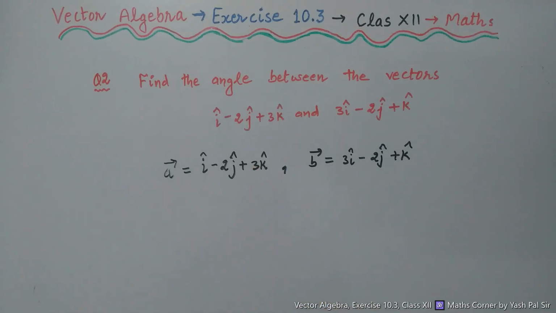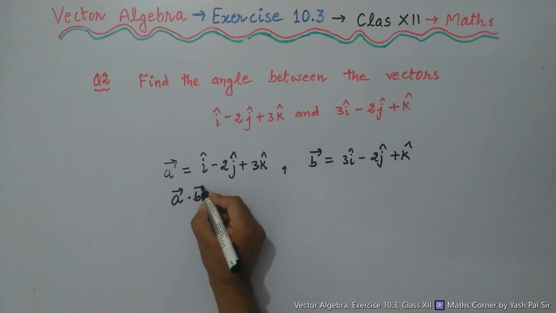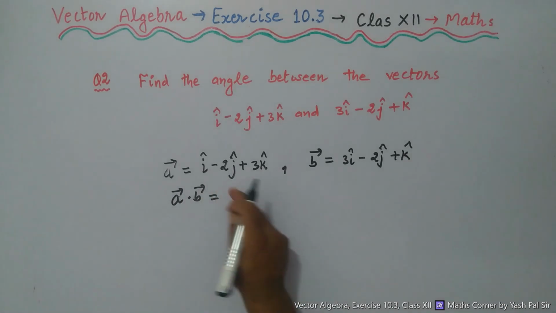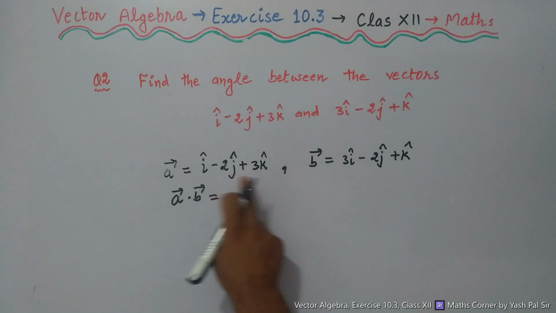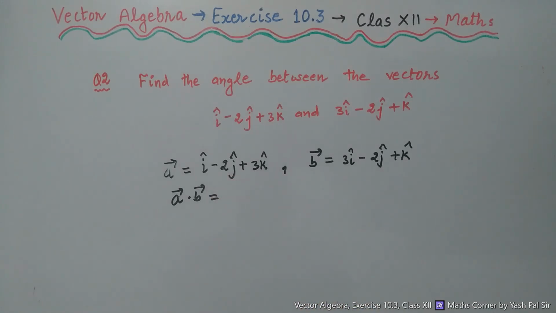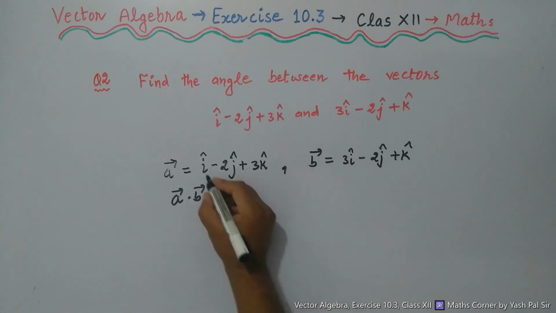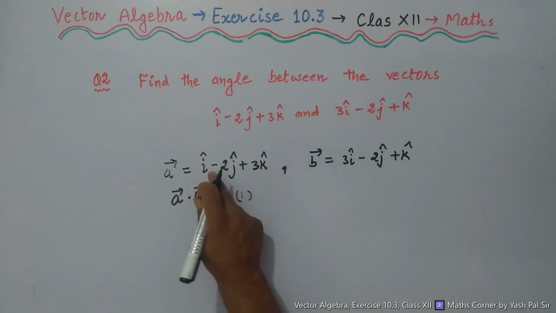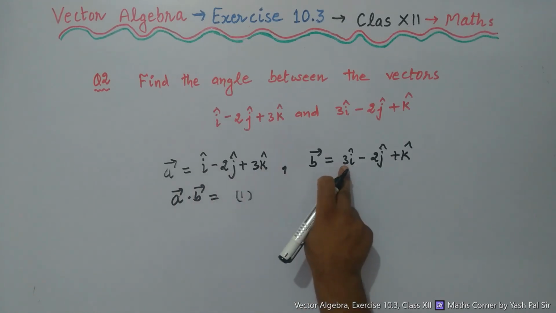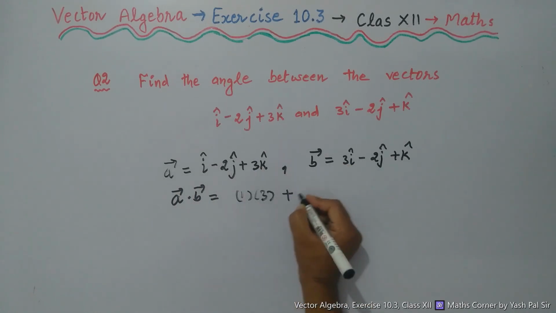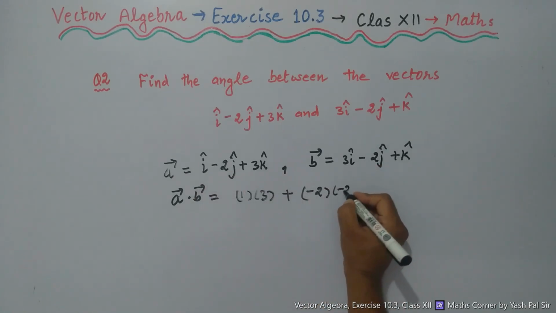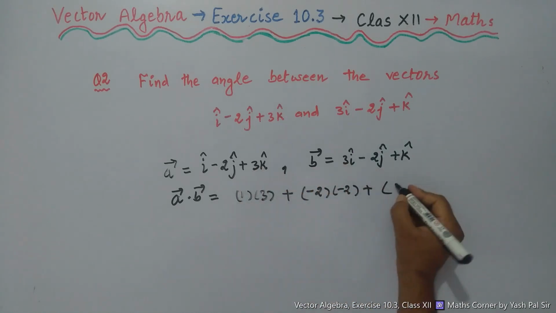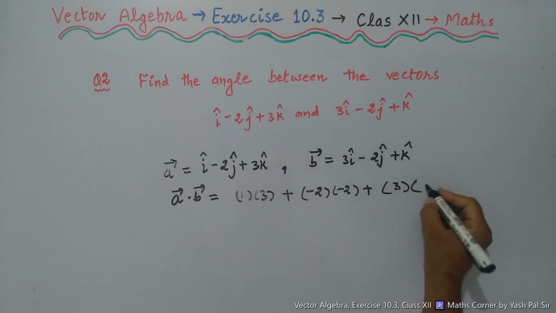In order to find the dot product A dot B, we multiply the i component with i component, j with j, and k with k, other parts will be equal to 0. i dot i is equal to 1, so coefficient of i is 1 into coefficient of i is 3, plus coefficient of j is minus 2 into minus 2, plus coefficient of k is 3 into coefficient of k is 1.